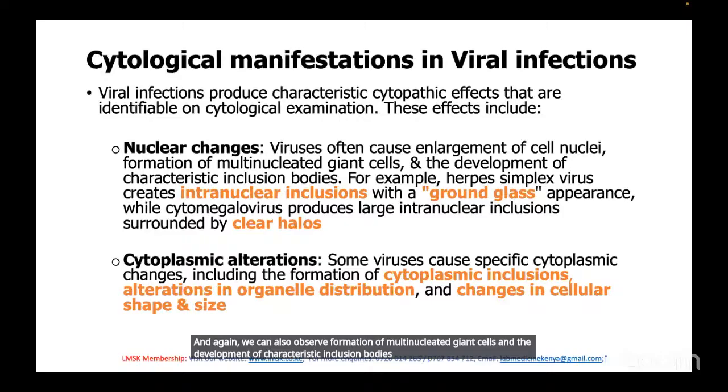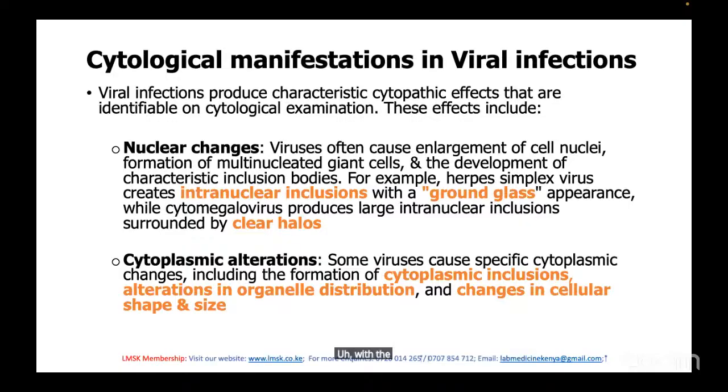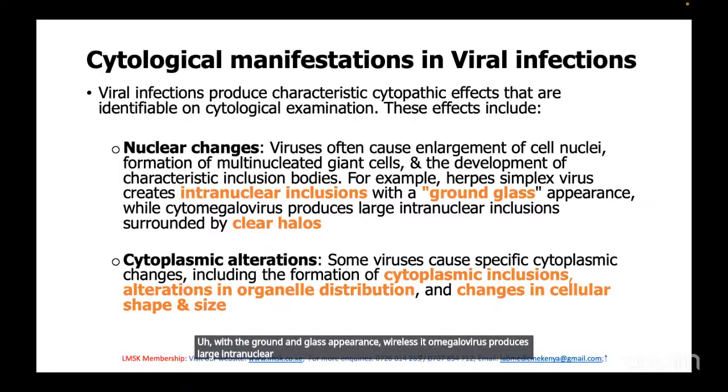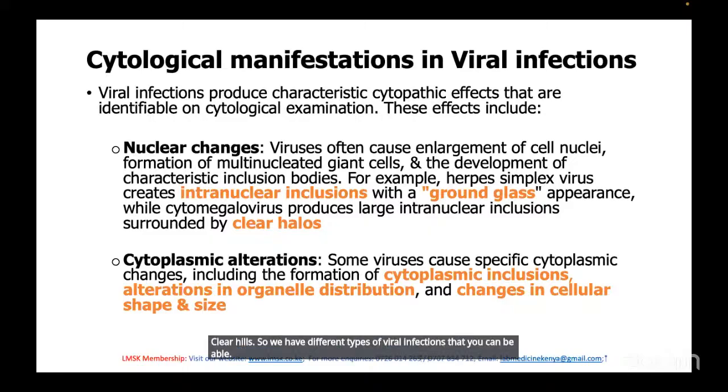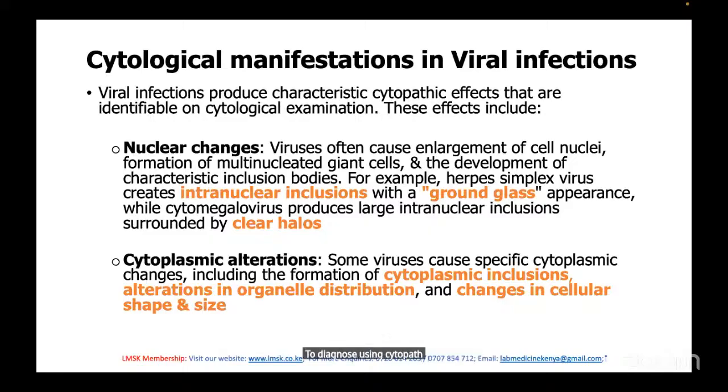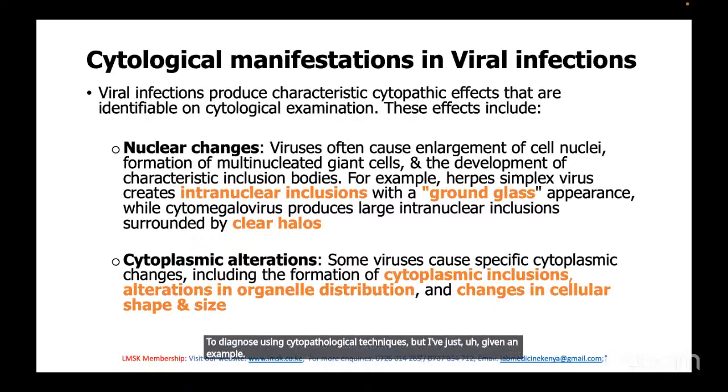An example here is that in herpes simplex virus, we usually see intranuclear inclusions with a ground glass appearance, while cytomegalovirus produces large intranuclear inclusions surrounded by clear halos. We have different types of viral infections that we can diagnose using cytopathological techniques, but I've just given an example of a few.